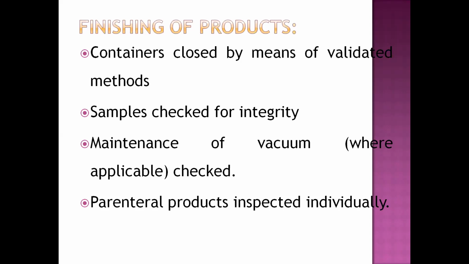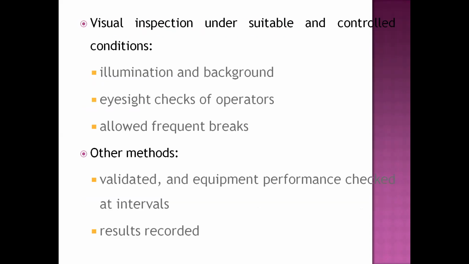Then let us look into the finishing of the products. Containers closed by means of validated methods, samples checked for integrity, then maintenance of the vacuum, then parenteral products inspected visually. In visual inspection, under suitable and controlled conditions of illumination and background, eyesight checks of operators, allowed frequent breaks.